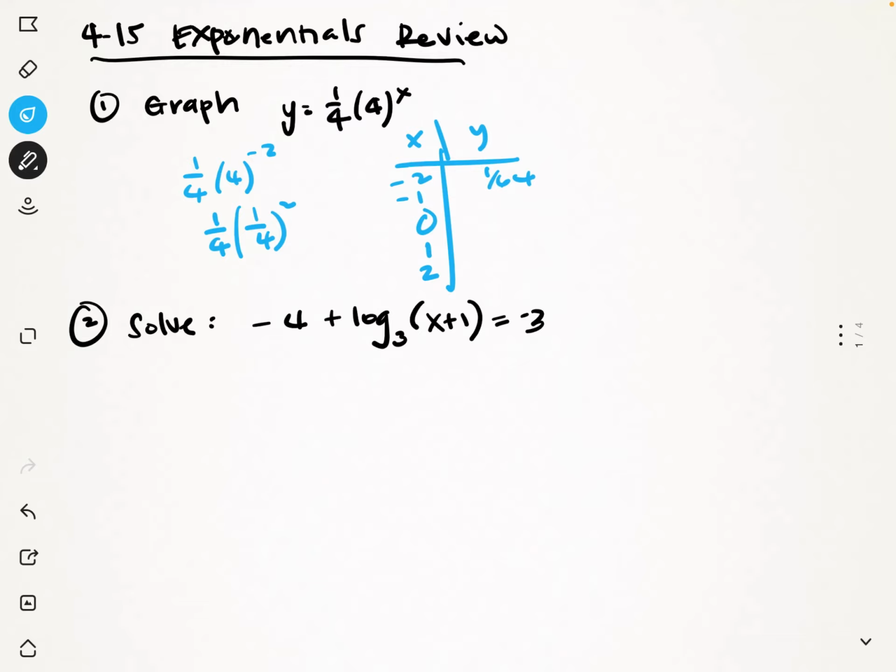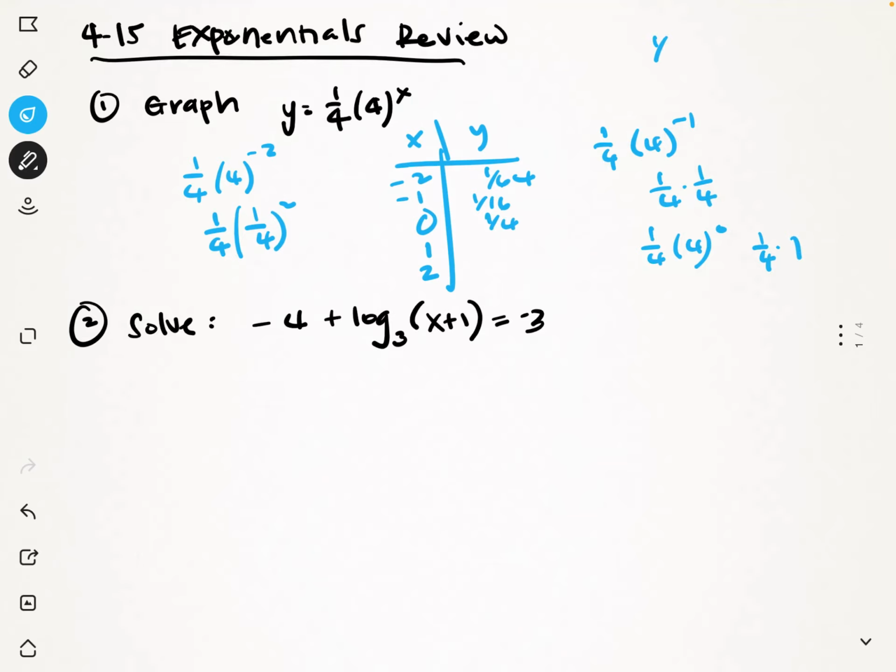We're going to do the same thing for negative 1. So 1/4 times the reciprocal of 4 is 1/4, which is 1/16. And then anything to the 0 power is going to be 1, so 1/4 times 1 is 1/4.